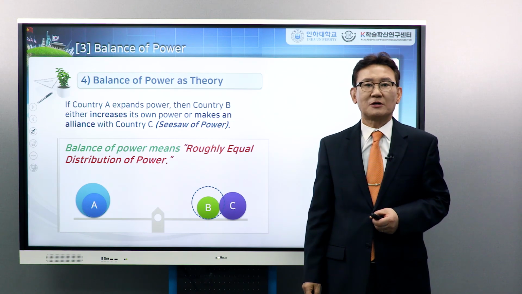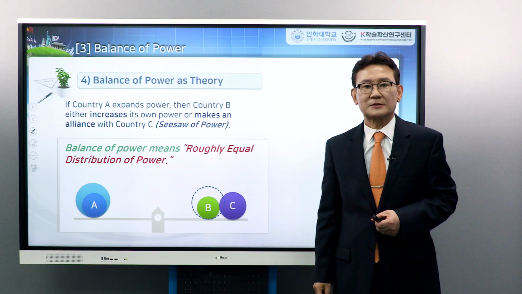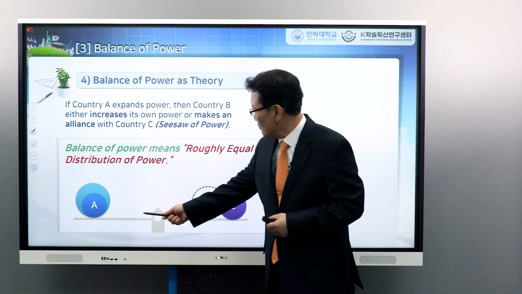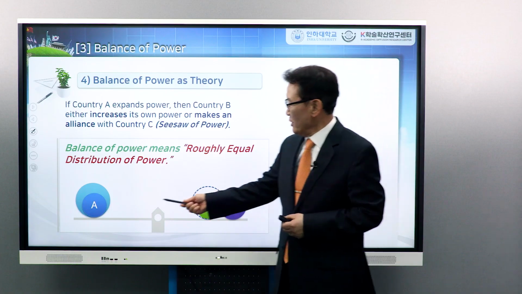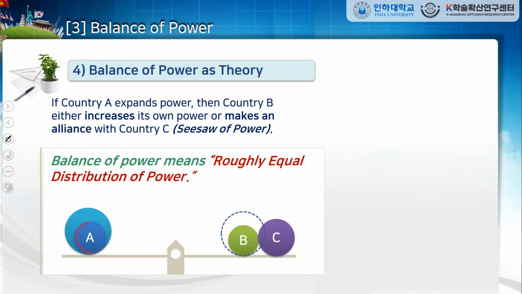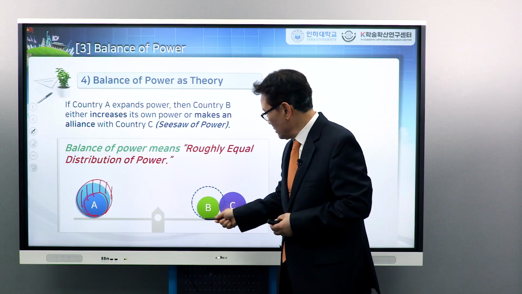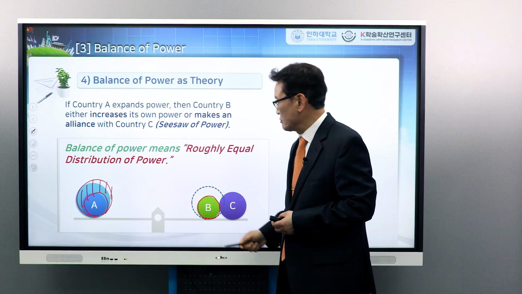Now, balance of power as a theory. You see a picture here, a seesaw of power. Country A expands power like this, with increasing national expenditure or importing strategic or tactical weapons from abroad. And then what about country B's reaction?